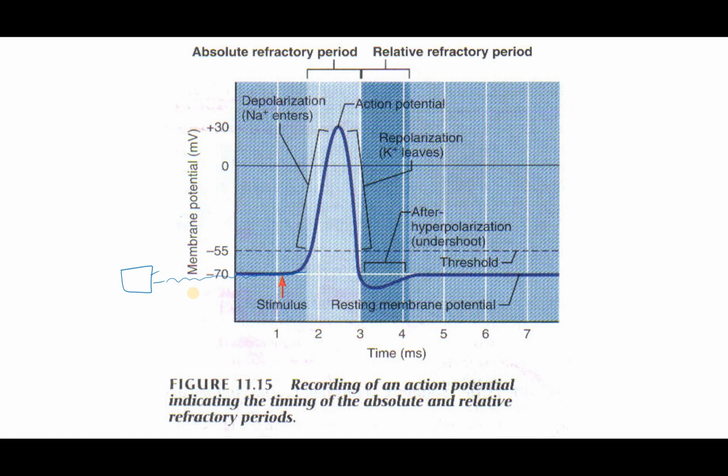Okay, now you've increased the voltage, which has now moved it up to negative 55 millivolts, and now you've increased it even more. And once it hits this threshold of negative 55 millivolts, or enough juice, now you're going to get this action potential.